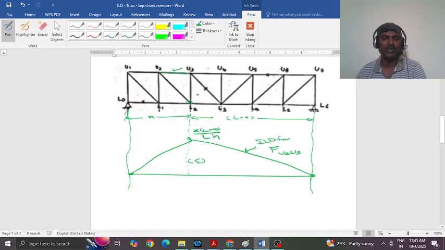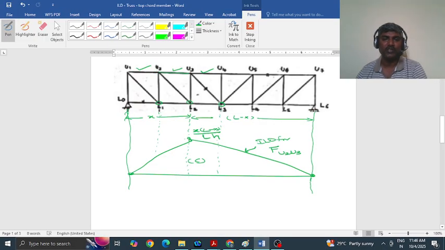Similarly for any other member, like if you want U3 U4, take the opposite joint here, plot the ILD for bending moment at this point, divide it by H. Likewise you can plot. Similarly for this member, the other two members in that panel are joining at L1. So plot the ILD for bending moment at this point and divide it by H, which will give you the ILD for the force in U1 U2.